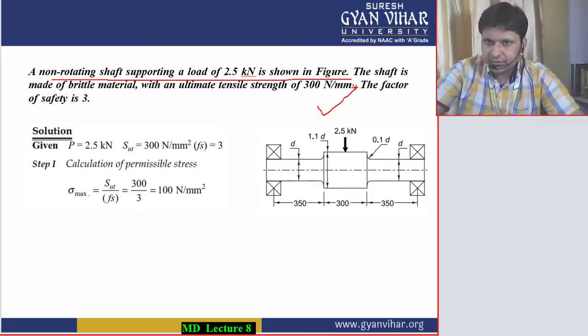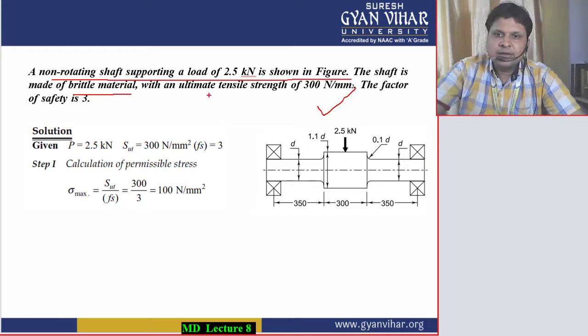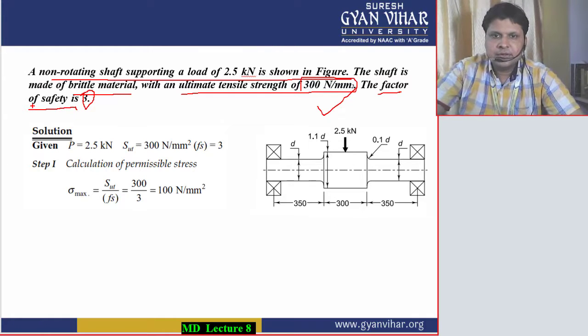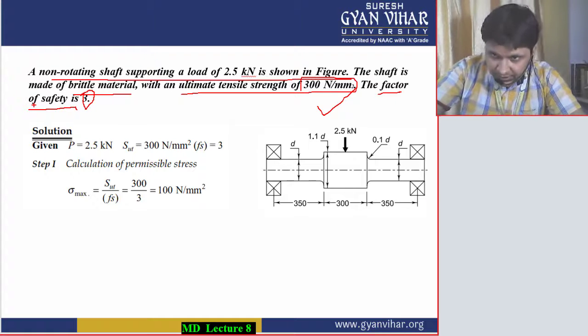The shaft is made of brittle material whose ultimate tensile strength is 300 Newton per mm square. The factor of safety you can take as 3. Now design this particular shaft, meaning you have to calculate the value of small d, which is the diameter of the shaft.